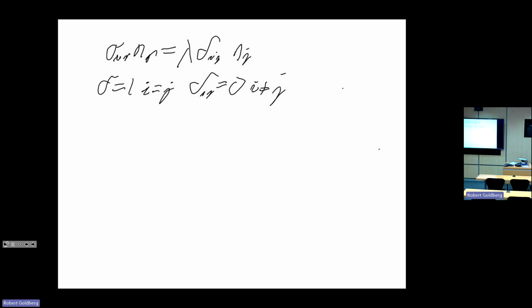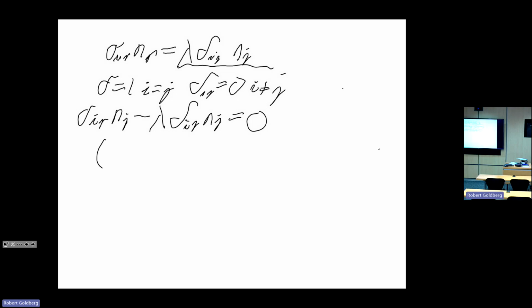So we can take this term to the left side of the equation, and say that sigma ij nj minus lambda delta ij nj is equal to 0. Factoring out the nj, we have sigma ij minus lambda delta ij, multiplied by nj, is equal to 0.